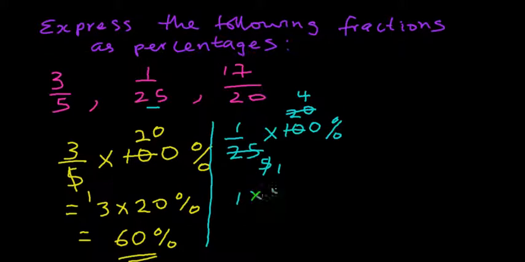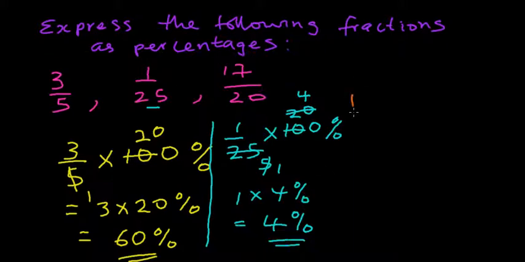So 1 times 4%, which gives us 4%. So an expression of 1 over 25 in percentage will give us 4%.